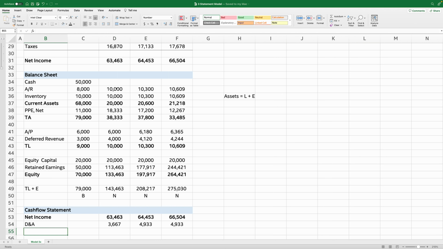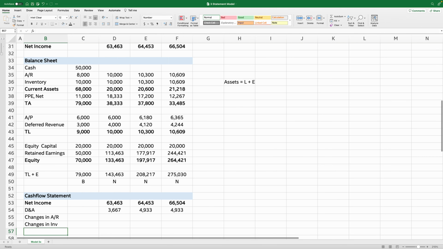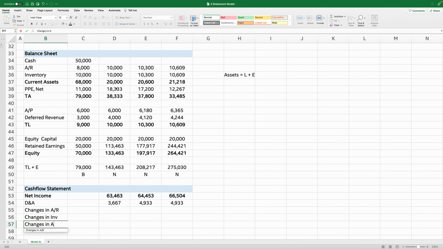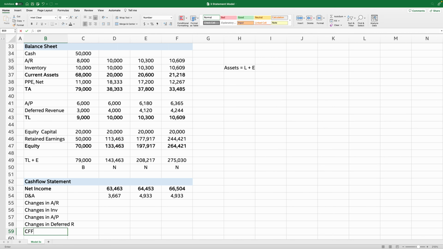Then what's next is the changes in net working capital. So next would be the changes in AR, changes in inventory, changes in accounts payable. Let me abbreviate it. Changes in deferred rev, and then we'll get cash flow from operations.